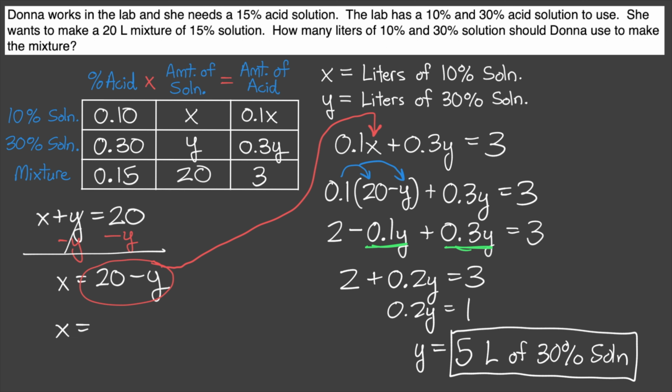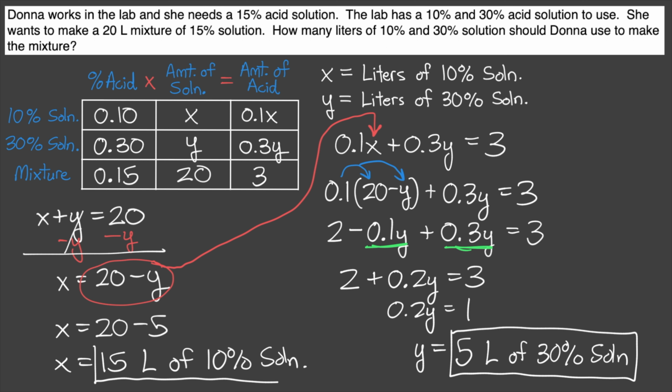So x equals 20 minus the 5. So x equals 15. So that's going to be 15 liters of the 10% solution. So we know that Donna needs 15 liters of 10% solution and 5 liters of 30% solution to get a mixture of 20 liters of 15% acid solution.